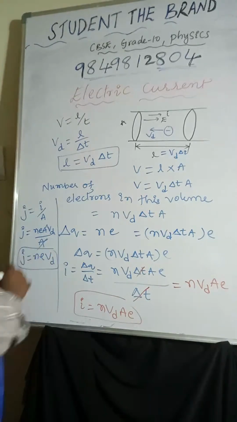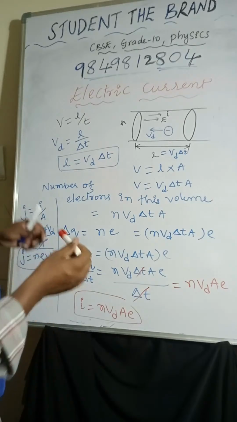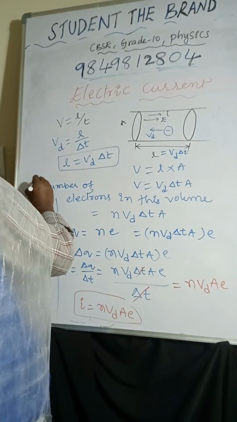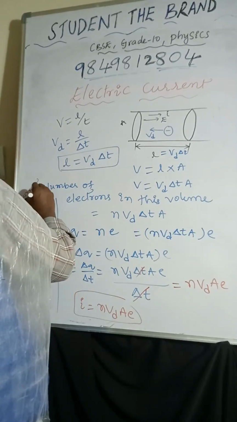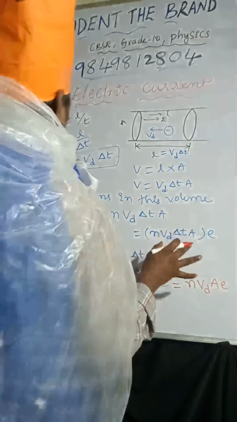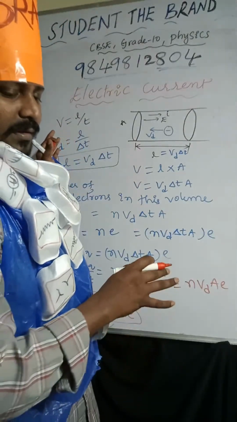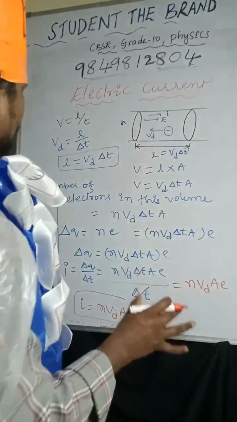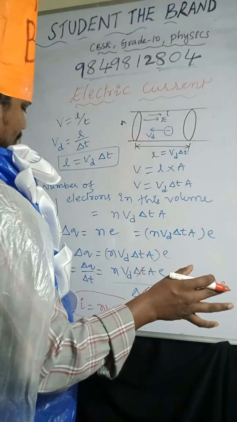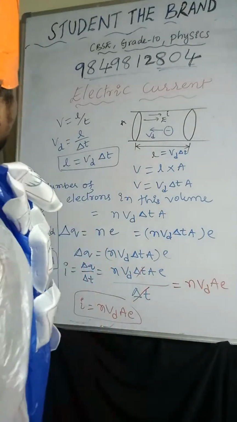So this is the form, where J is nothing but current density. Okay, I hope it is very clear. So this is about current and drift velocity, and the last one is current density.